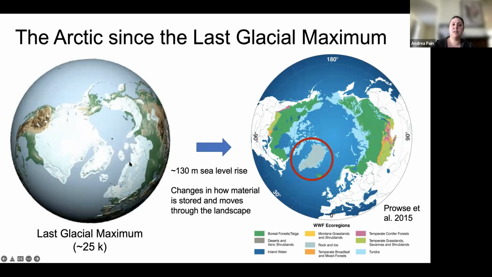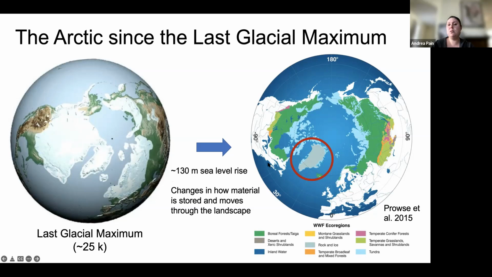So this is a representation of what the Northern Hemisphere looked like during the last glacial maximum about 25,000 years ago. So continental ice sheets covered a lot of North America and Eurasia. And warming led to the loss of most of this continental ice, with the last remaining portion in the Northern Hemisphere being the Greenland ice sheet. So along with this change, this resulted in about 130 meters of sea level rise.